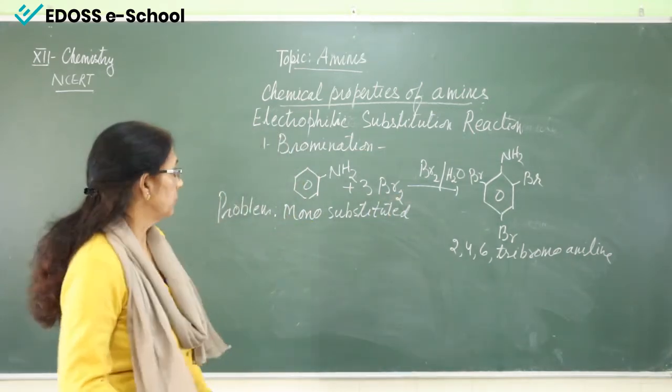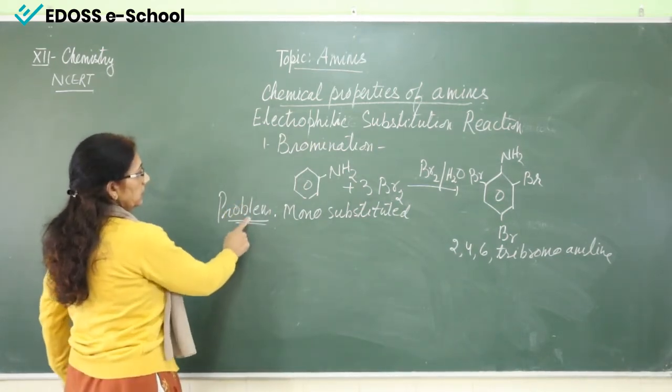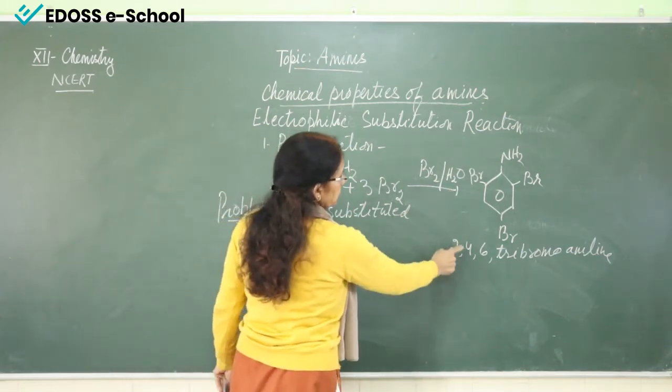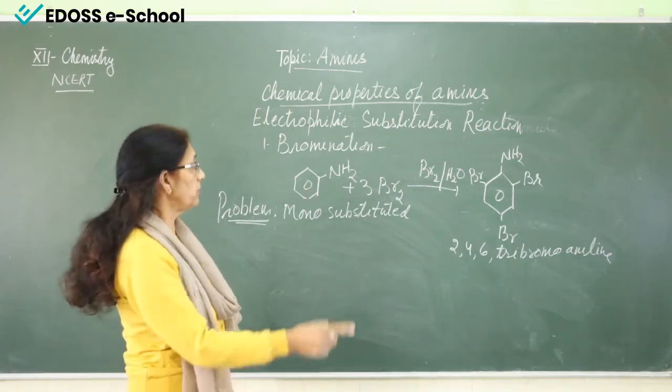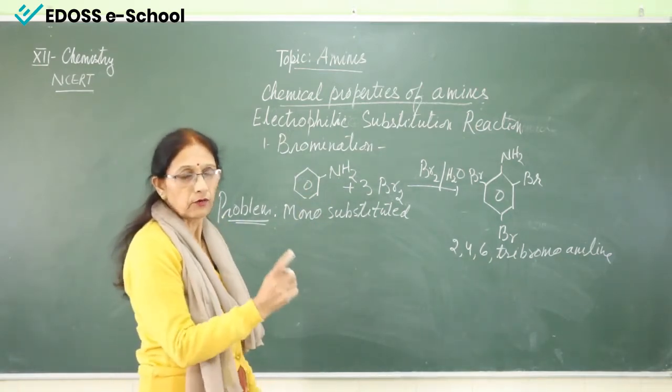To overcome this problem, because here in bromination we are getting ortho and para substituted compounds, but we want mono substituted. So for that, what will we do?